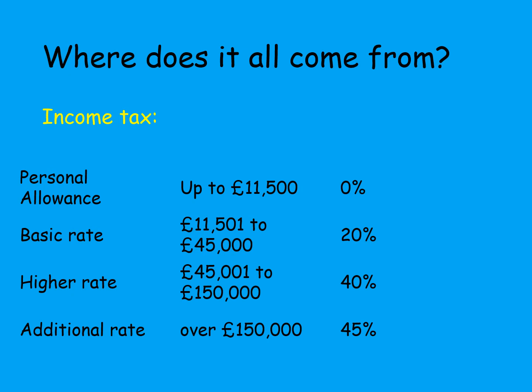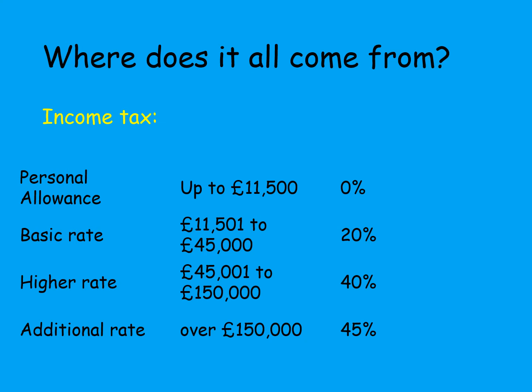So if you earn up to £11,500 a year, so that will be probably part-time work or very, very low paid, not full hours, then you pay no income tax whatsoever, because that's too little to earn to be able to pay an income tax. Whatever you earn between £11,501 and £45,000, then you pay 20% income tax on that.